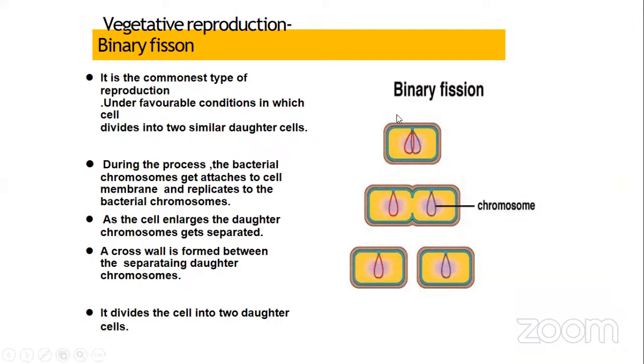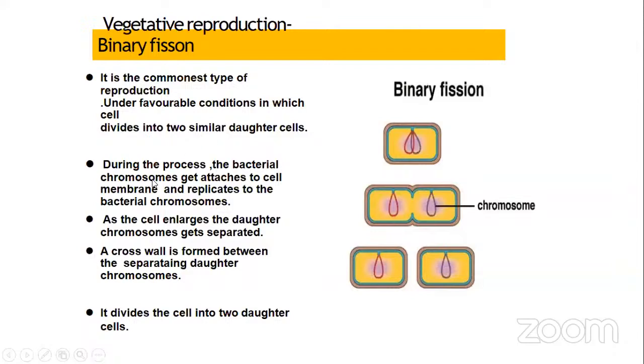Binary fission means bi means two. One bacterium becomes two. That is called binary fission. It is the commonest type of reproduction under favorable conditions, in which one bacterium divides into two similar daughter cells.